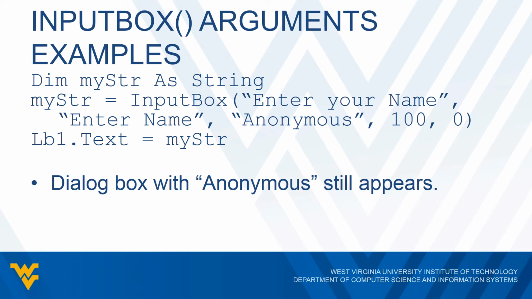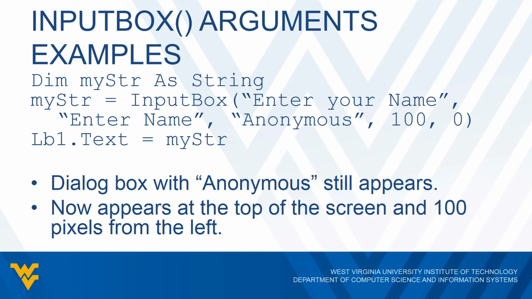So our dialog box is still going to have anonymous as our default response, but X position is now set to 100 and Y position is set to 0. This means that our dialog box is now going to appear at the very top of the screen, because the 0 means that we're moving 0 pixels down from the top of the screen. And then this box will also appear 100 pixels from the left of the screen.